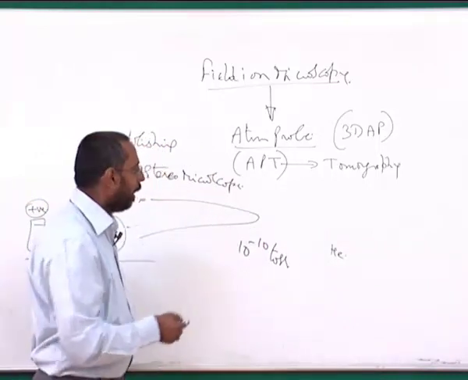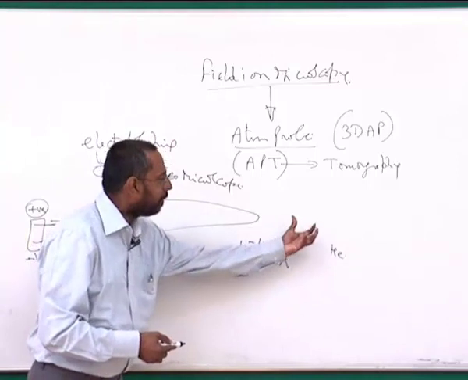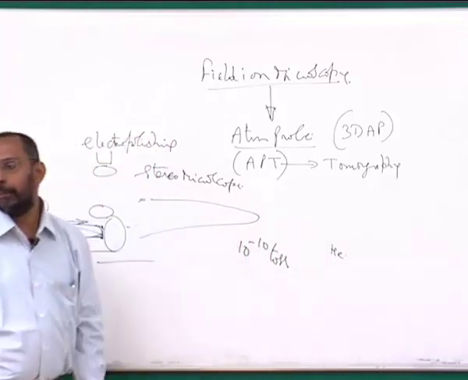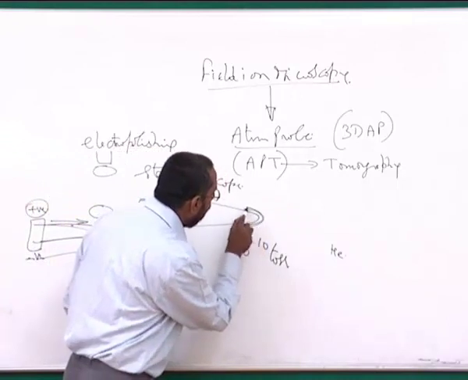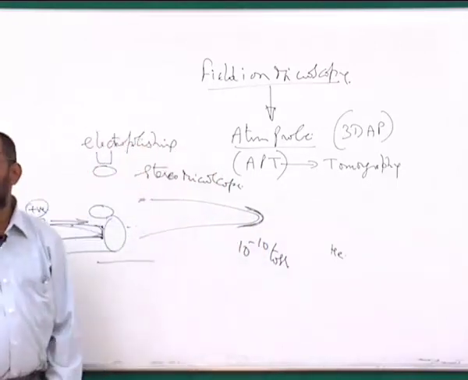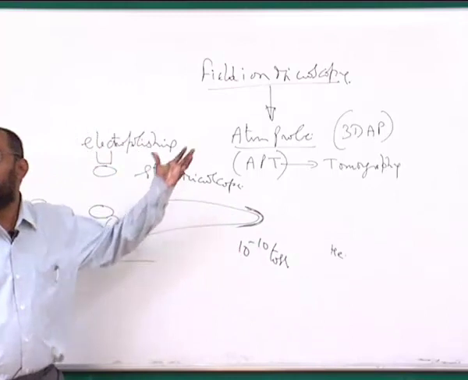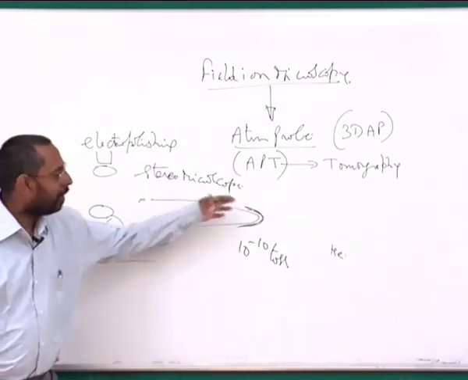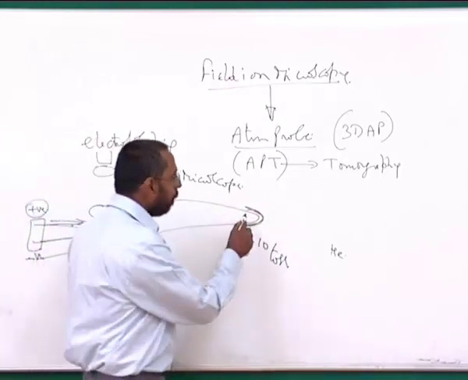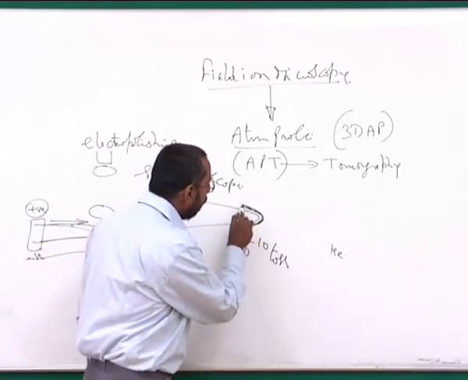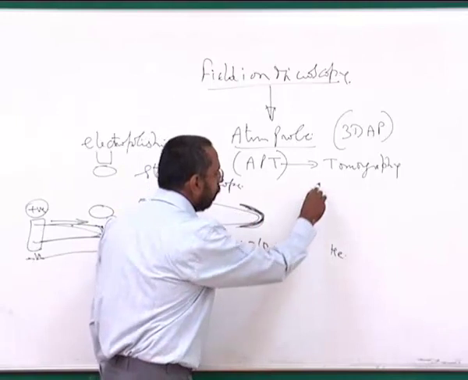Your sample attracts these helium atoms and they get deposited on the surface, because the surface has very high energy due to very high curvature.